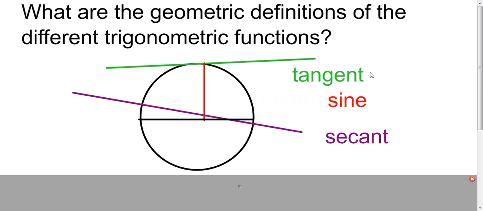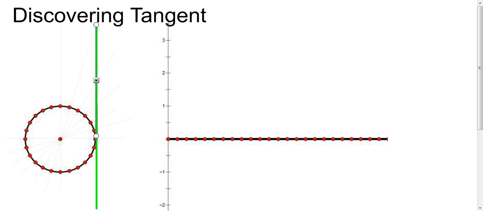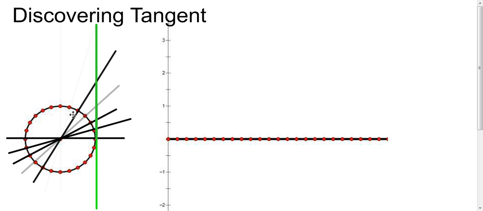Now, these usually aren't the first three trig functions that students are introduced to, because when they discovered right triangle trigonometry and all of its applications, it actually kind of changed the definition of what a degree and what an angle was. So degrees and angles used to be measured the same way we measure radians.